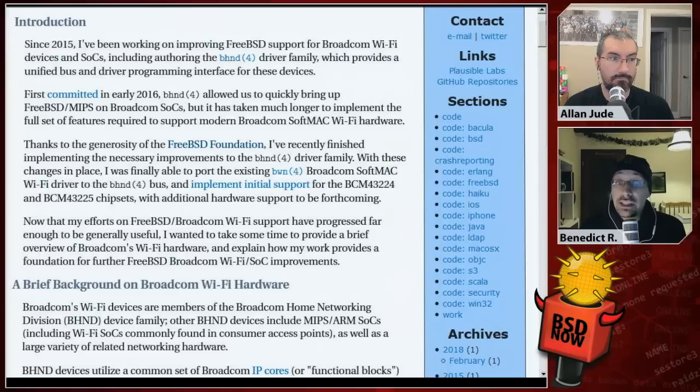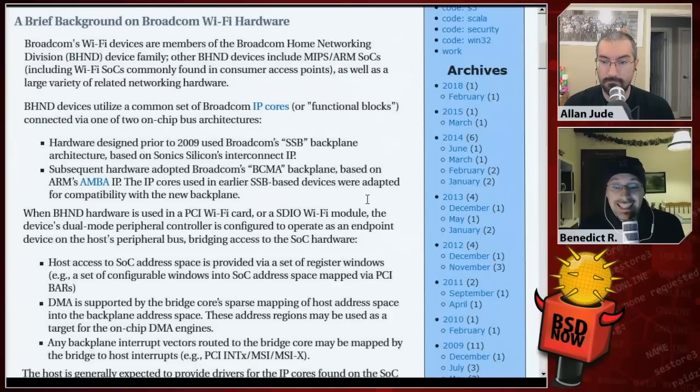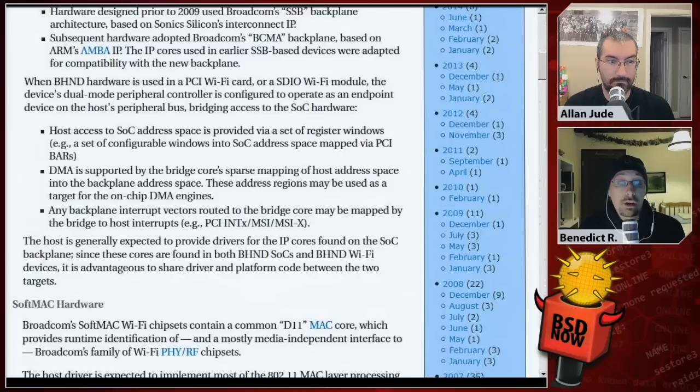The BHND devices utilize a common set of Broadcom IP cores or functional blocks connected via one or two on-chip bus architectures. Hardware designed prior to 2009 used Broadcom's SSB backplane architecture based on Sonics Silicon Backplane interconnect IP. Subsequent hardware adopted Broadcom's BCMA backplane based on ARM's AMBA IP.